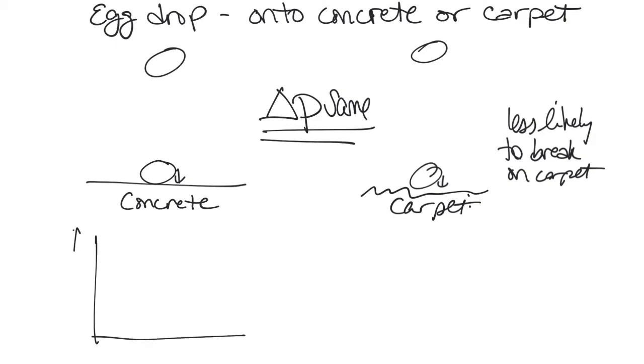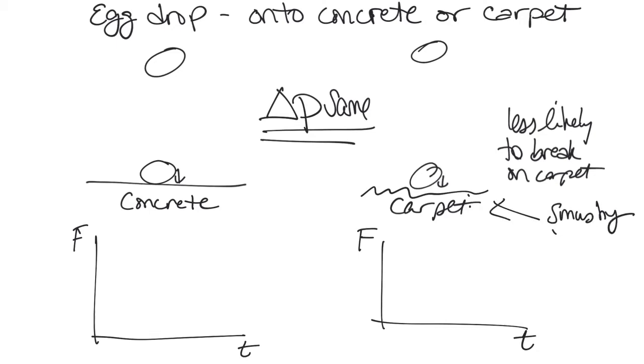If I were going to draw my F versus t for these, the area under each curve has to be the same. But what's the difference between carpet and concrete? Carpet is smushy. It's got give.